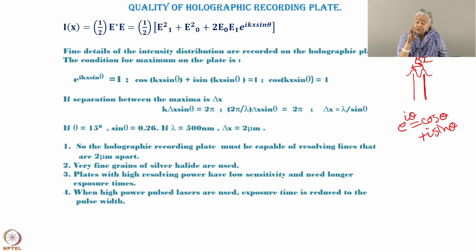So the separation between your two maxima should be 2 micrometer, that tiny. So, the holographic recording plate must be capable of resolving lines that are 2 micrometers apart.